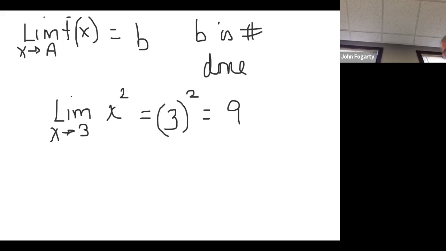Well, I put the direct substitution in there, and I got a number. I'm pretty confident that that's going to be my limit. Well, let's just show it. If it was a graph, it would look like this. What's x squared?